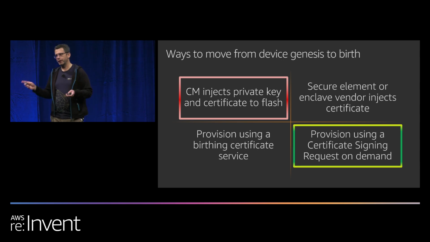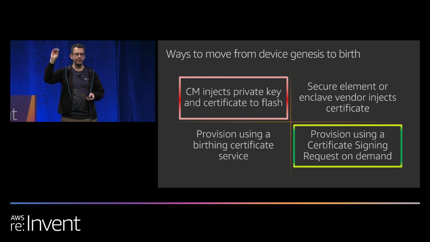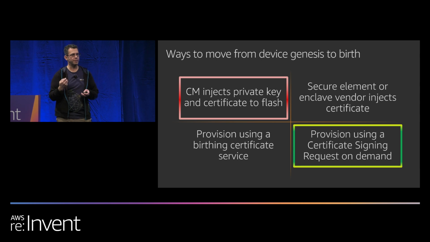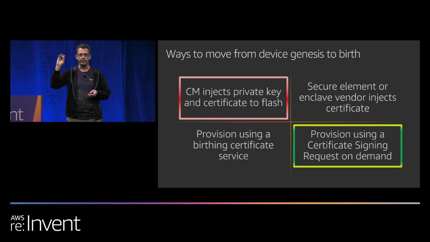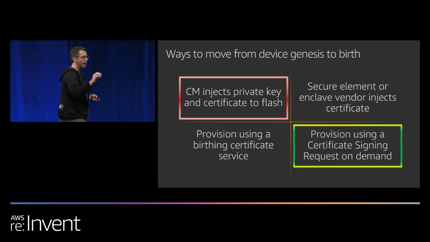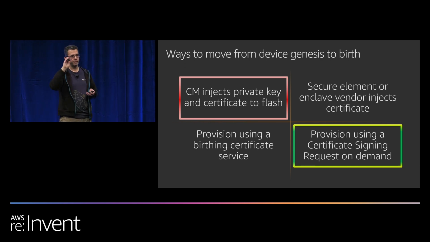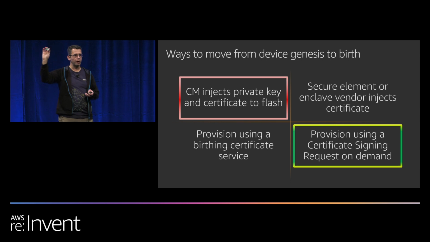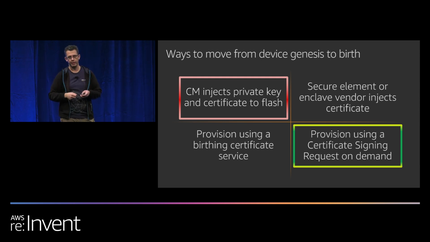However, there is a logistical challenge in getting the certificate on these devices. If you want the certificate on the device when your customer receives the device, that means that you need to get the certificate on the device during the manufacturing process. If you don't want to do that, a way to overcome the provisioning challenge is to leverage the private key that's already on the device, usually within a secure enclave, or a secure element, or a TPM, and use that to create a CSR, which you can then issue up into the cloud.